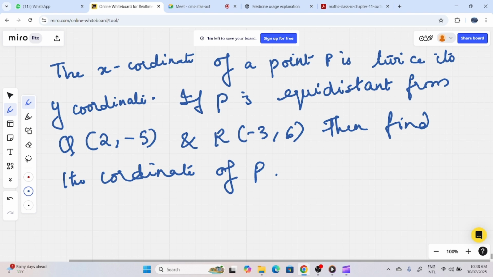What happened? Any doubt? The x coordinate of a point is twice its y coordinate. So what is happening? Where is the point? Ma'am, so x is 2y, yeah? So P is (2y, y).